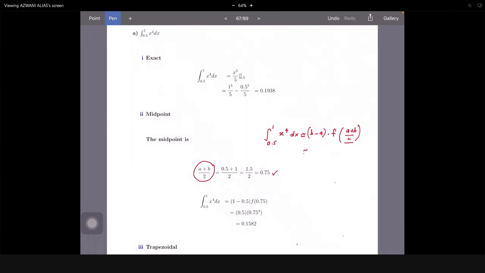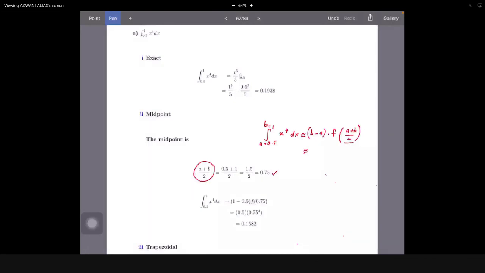B minus A, yes. This is A, this is B, right? Takut tertukar. A is the initial, B is the endpoint, di mana A tu adalah the lower limit dan B tu adalah the upper limit.